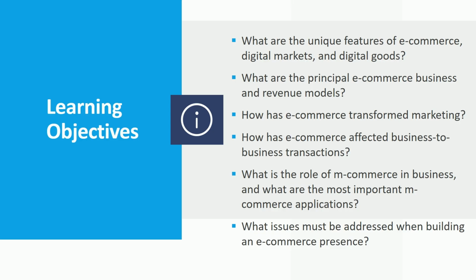And then we will look into some of the principles of the e-commerce business and how the e-commerce revenue models. And then we will also look into how the e-commerce transform the marketing from the traditional into the modern one, and how the e-commerce will affect the business to business transaction.